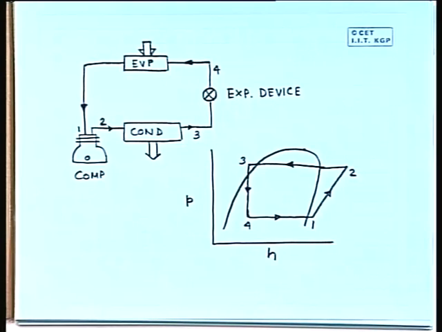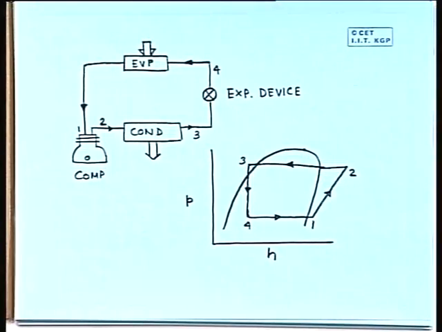Again, in the expansion device, the process is very complex. Whatever expansion device it may be, a thermostatic expansion valve or capillary tube, the process is very complex, because here we will have the flow of a two phase mixture. So, continuously there will be more and more production of vapor phase.